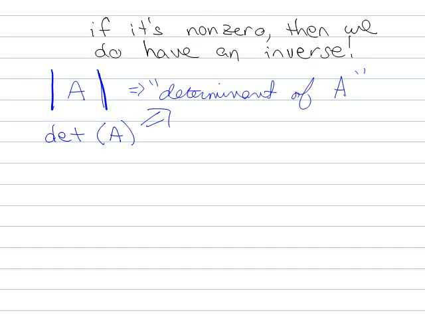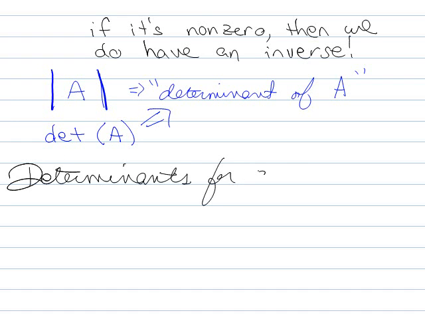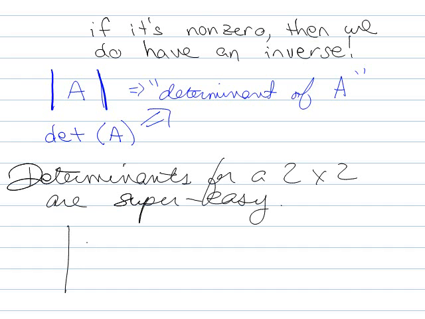And again, this becomes important because determinants are so easy to get. So determinants are easy to find. And when I say easy, I mean it. For a 2x2 they are super easy. I almost never use the word easy in a math class. But by the time you get this far along in college algebra, they are super easy.